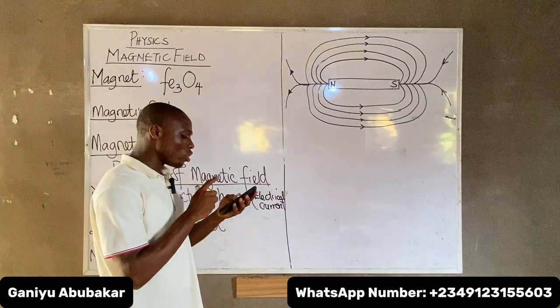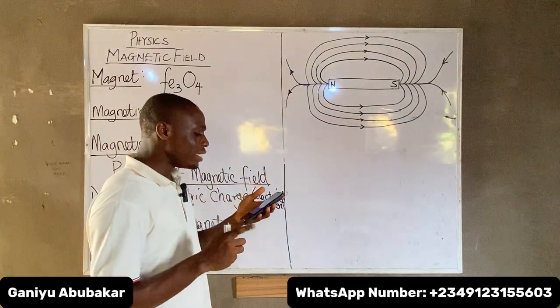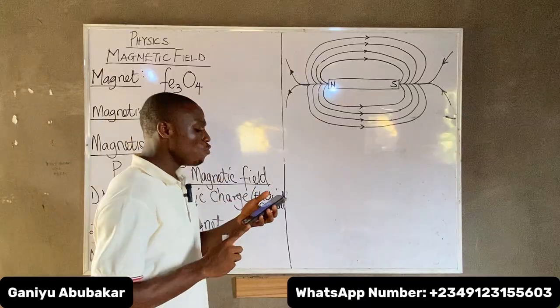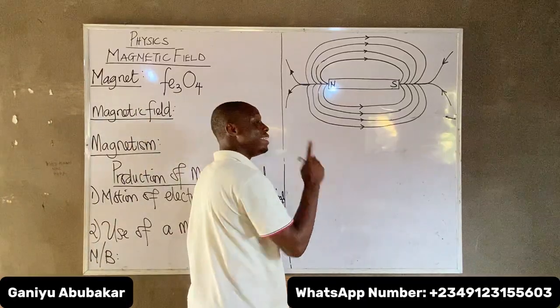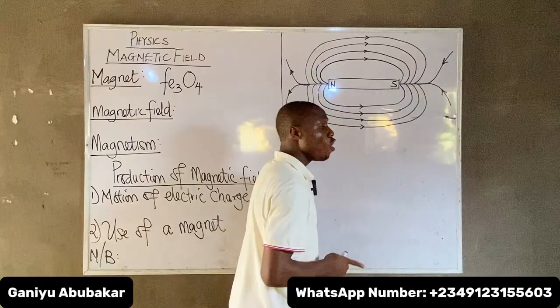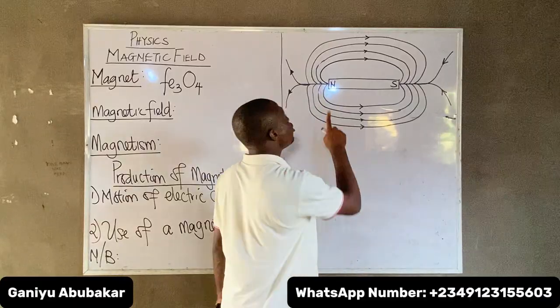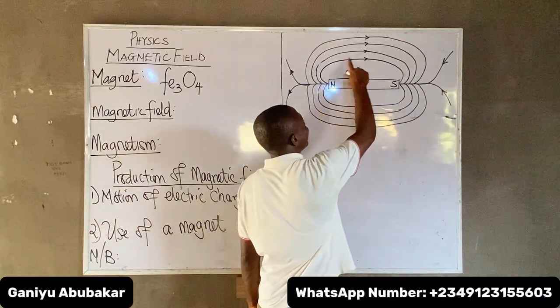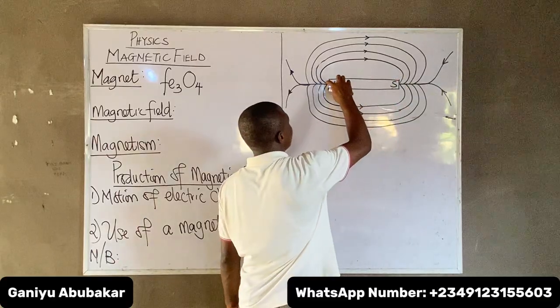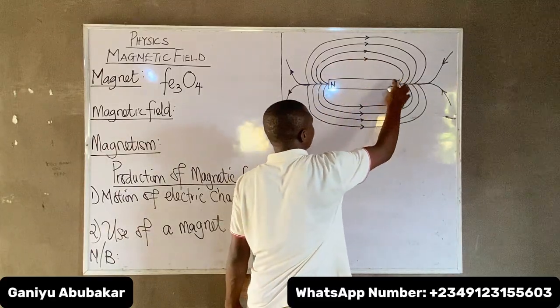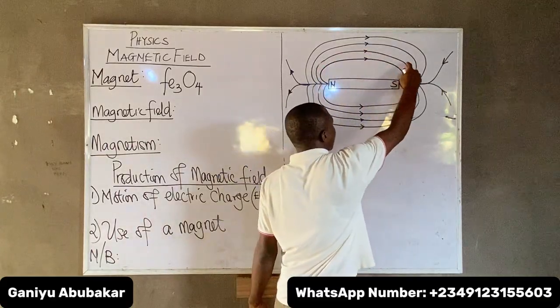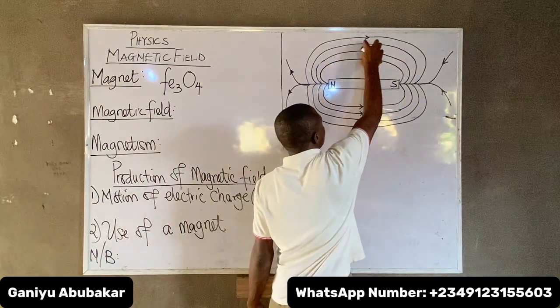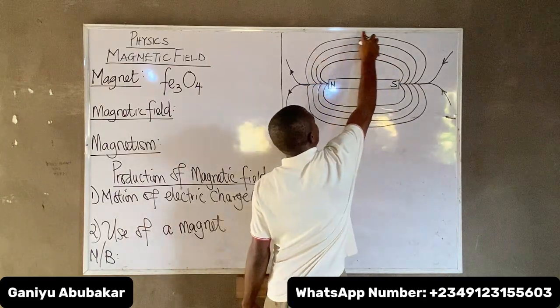If you watch the diagram very well, you will note that the magnetic field flows from the north pole to the south pole, north pole to south pole, and then north pole to south pole.